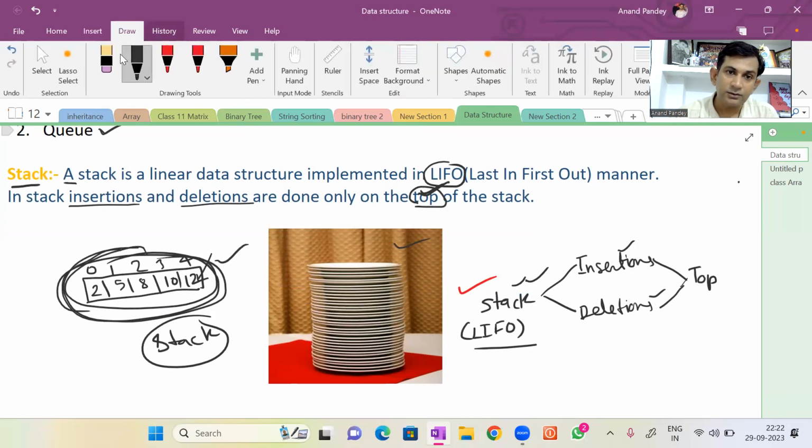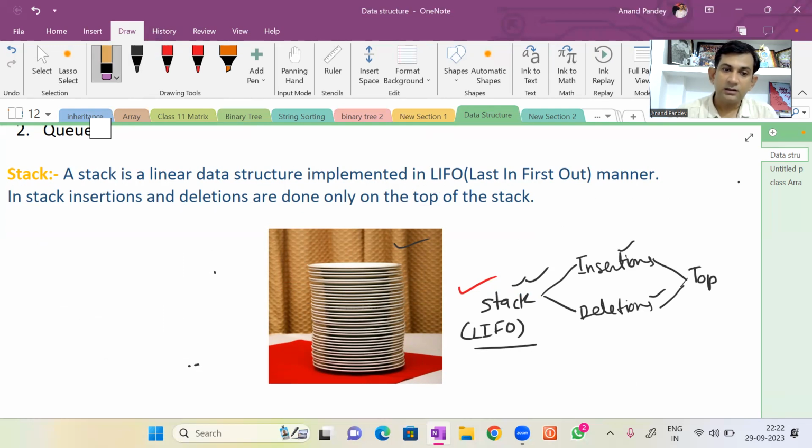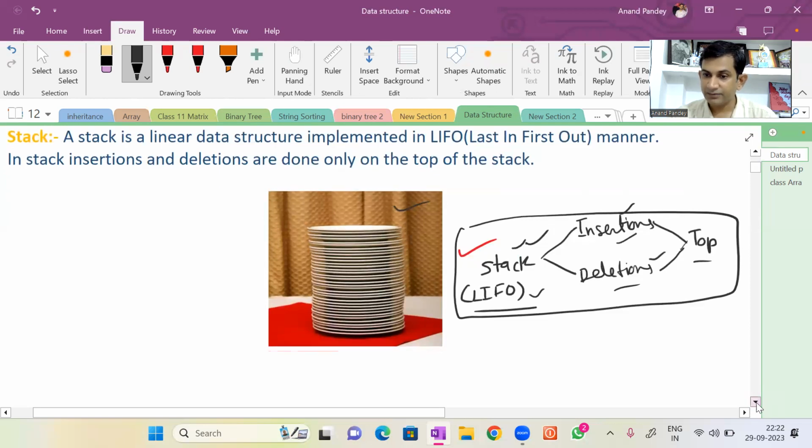For your notes, you can write this definition, and you can write it in the examination also. You can draw this in your notes too, it will be useful for you. In the stack, data is implemented in LIFO manner, and insertions and deletions are done at the top. This will stay in your mind in picture form.